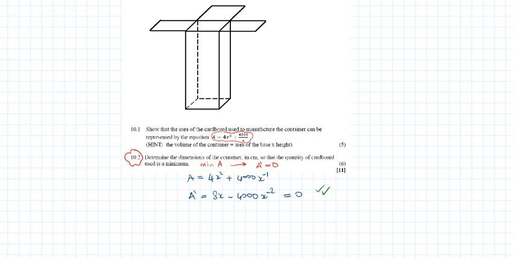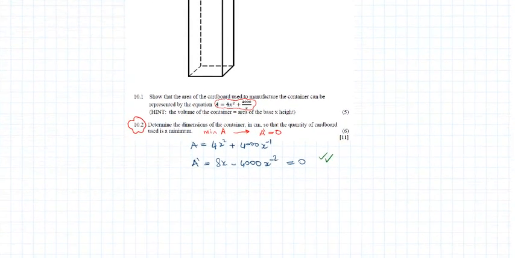Okay, let's solve for x. So solving for x, we must leave it alone. So what we do is take that negative 4000 to the other side, with x to the power of minus 2. Then we cross multiply. So it's 8x cubed is equal to 4000, and then you find x cubed is equal to 4000 divided by 8, which is 500.